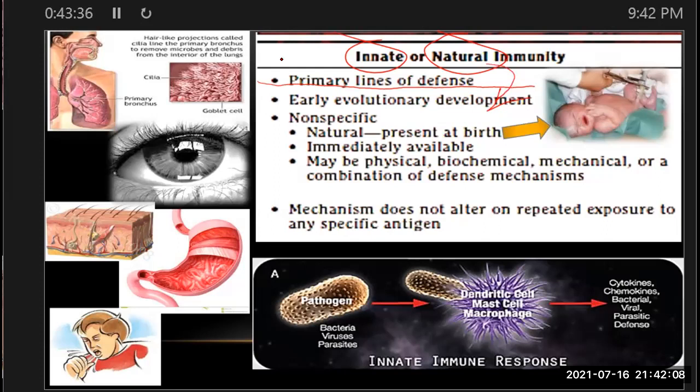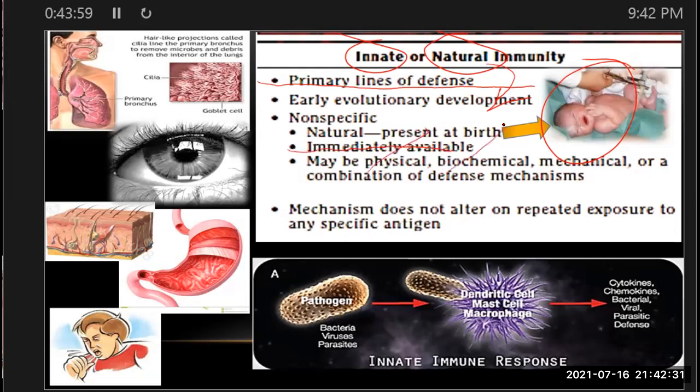This one is non-specific and always present. When we were born, it was there already. Thank you, mother, for passing those antibodies to us starting at the third trimester, or 7th month of pregnancy, until birth. And this one is immediately available.